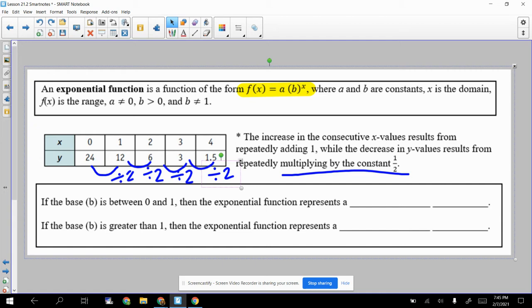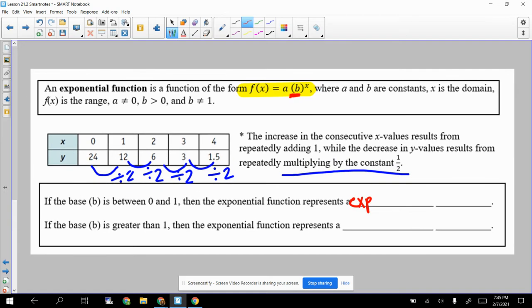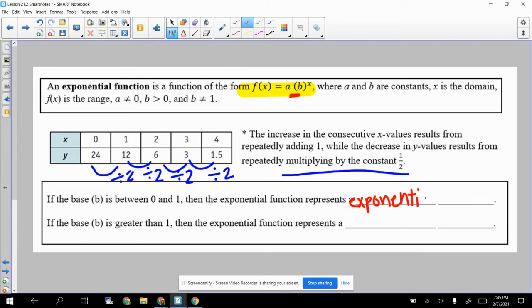Okay, so the big thing to know here is that we're going to be focusing on your base b. So this here is your b, it's your base. And it says here, if the base is between 0 and 1, then the exponential function represents an exponential decay. Let's see if I can fit this all in here. So exponential decay is the word we're looking for.